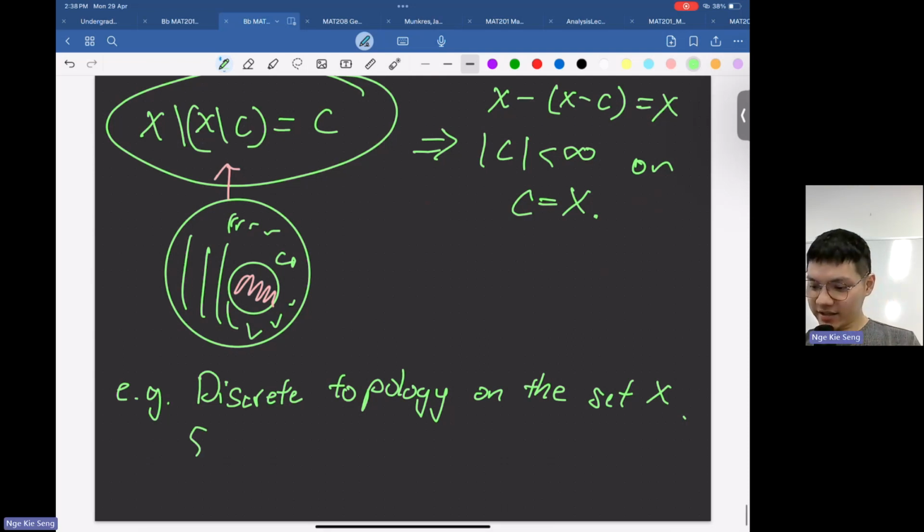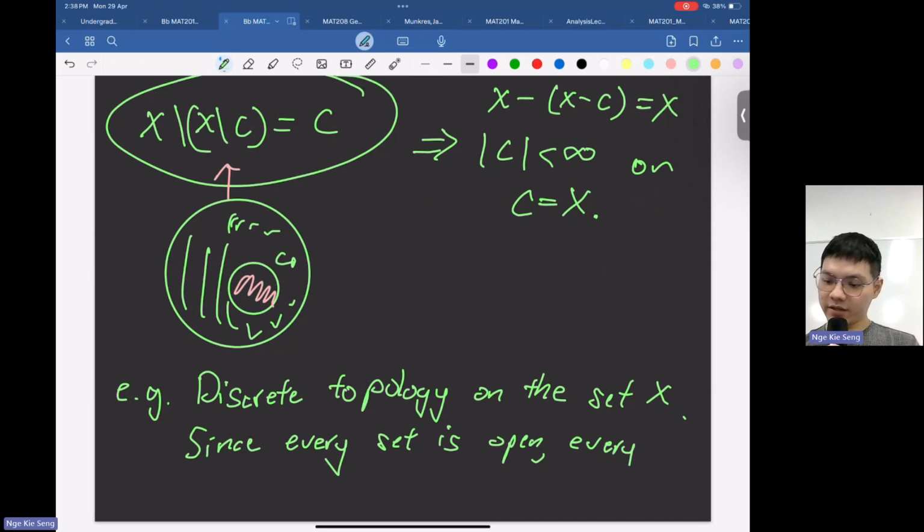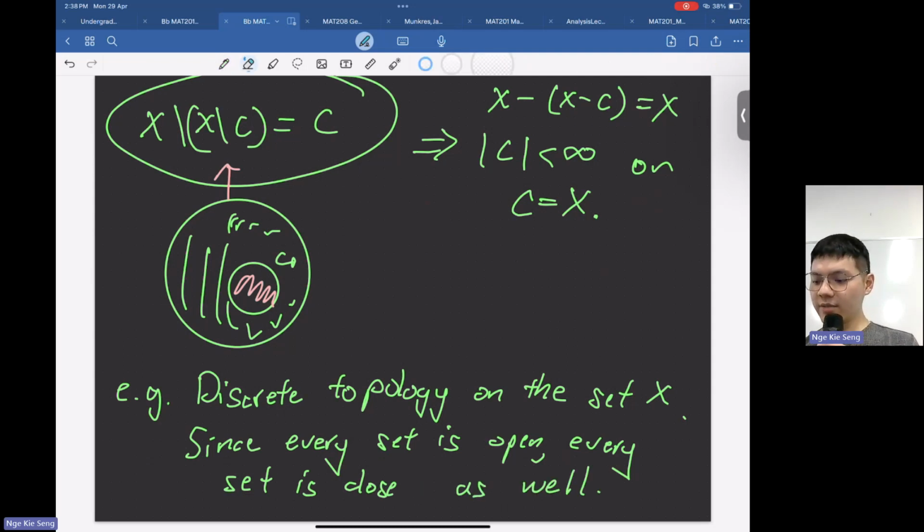Since every set is open, every set is closed as well. Why? Because the complement of your closed set is some subset in your topological space, but you declare every subset to be open. That complement has to be open as well. Does it make sense?